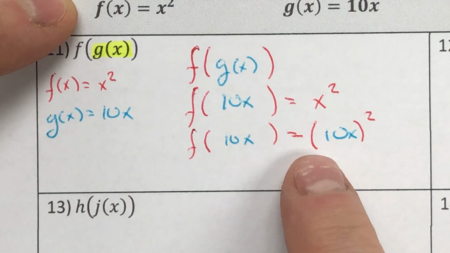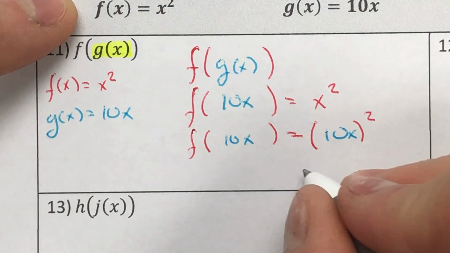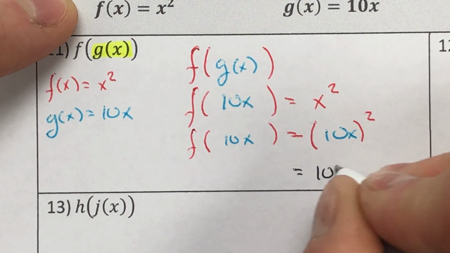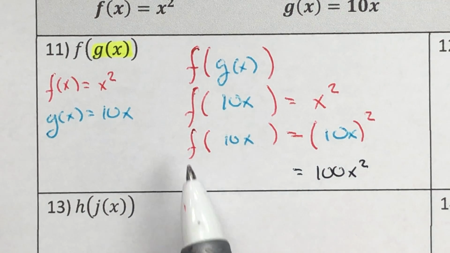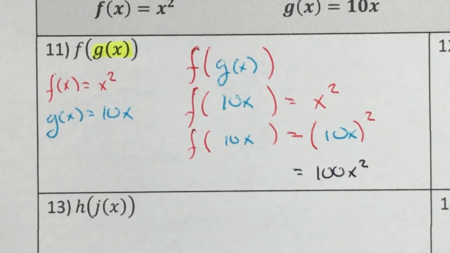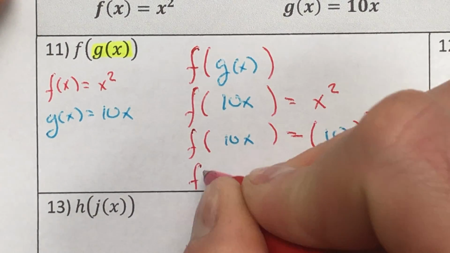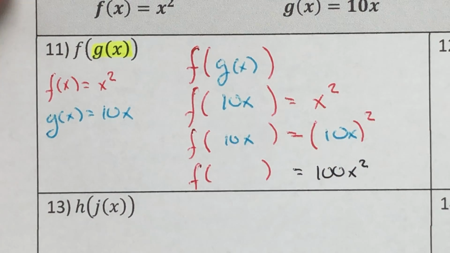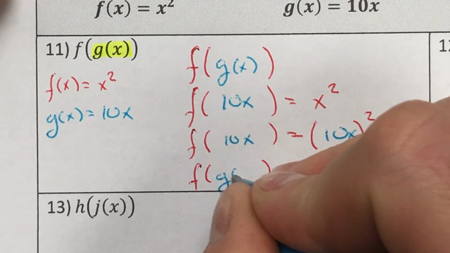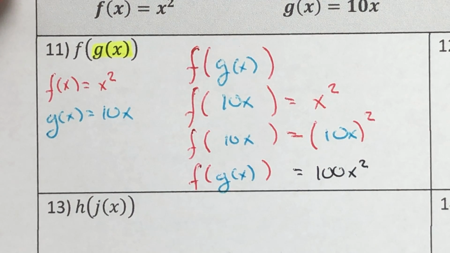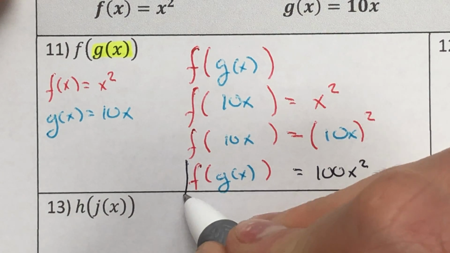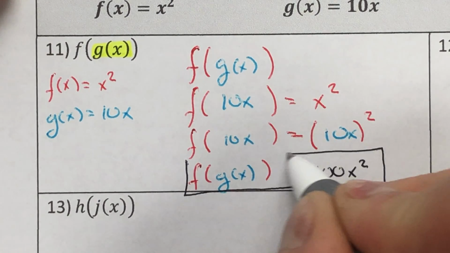And if I square 10x, that will get me 100x squared, which is equivalent to my starting function that I showed right here. So if I said f of g of x, it's going to be equivalent to 100x squared. Boom.